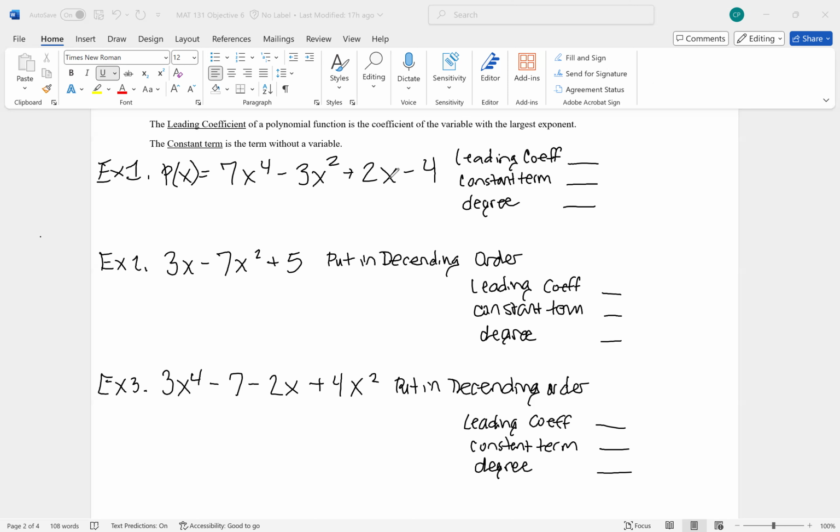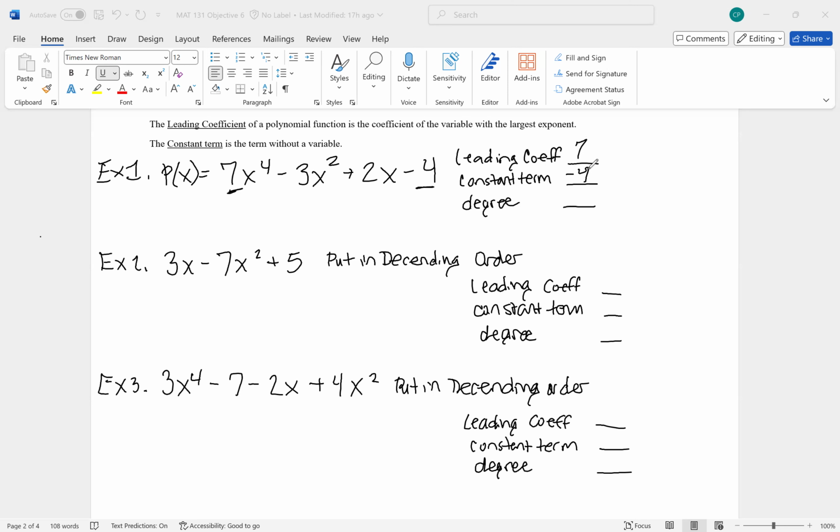So let's identify the leading coefficient. The leading coefficient is the coefficient of the variable with the largest exponent. So that would be this 7 here. All right. The constant term is the term without a variable. That is the -4. All right.